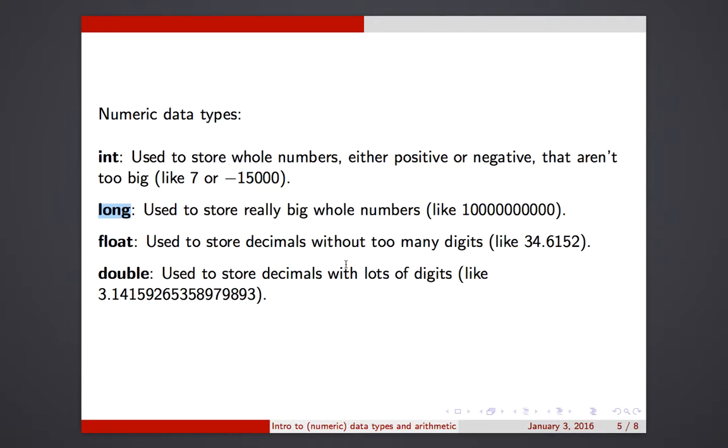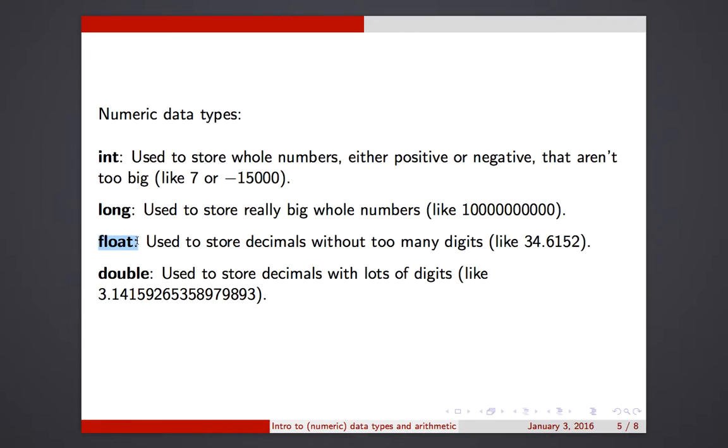Long, what you're doing is you're telling the computer, hey, I'm expecting a really big whole number. So I'm expecting a lot of digits. So something like this, you would not store in an integer variable because the computer has not created enough memory for int to store that. You have to tell the computer, I'm expecting something really big.